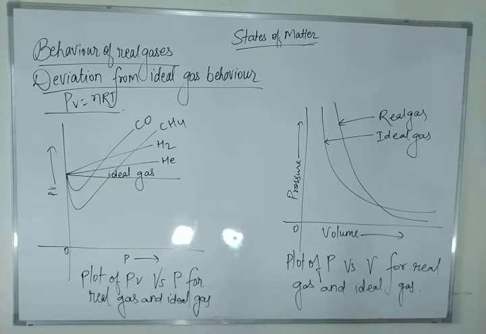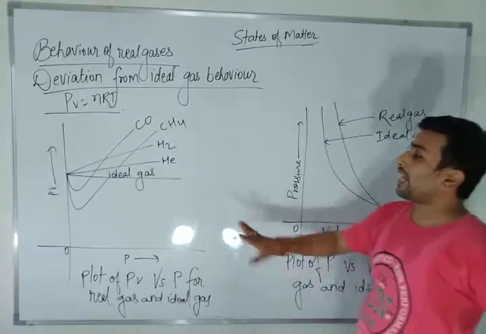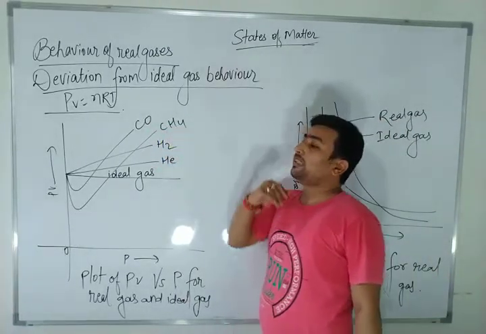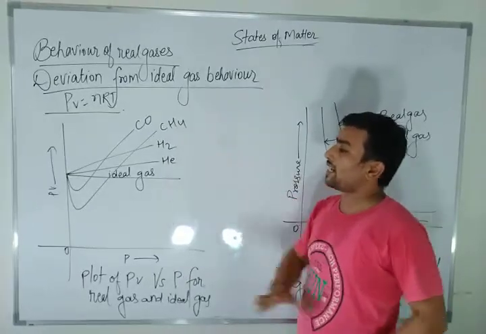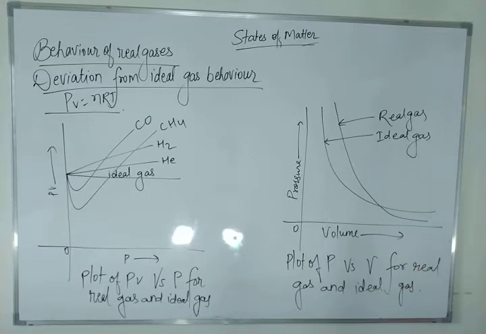You can see the graph of pressure-volume versus pressure for the real gas and ideal gas. The real gases like hydrogen, helium, carbon monoxide, methane, these are real gases, and ideal gases. This is the graph plot of the real gas and ideal gases, because at constant temperature, pressure and volume will be constant according to Boyle's law.